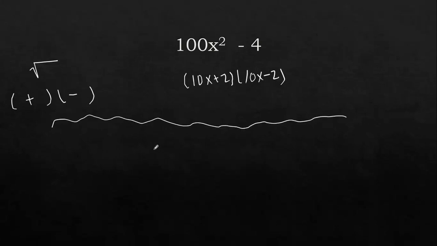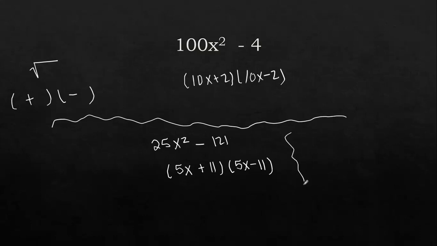What if I had 25x squared minus 121? Perfect. So I take the square root of both numbers and put a plus and minus sign in between. Let's try another one.